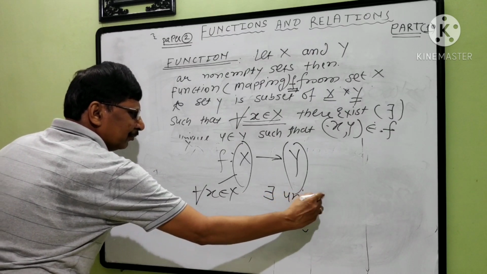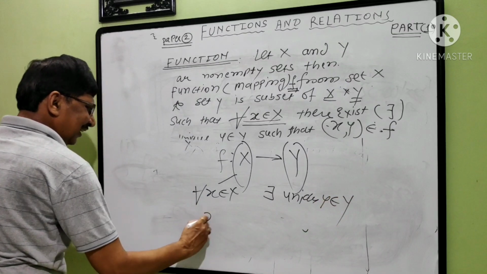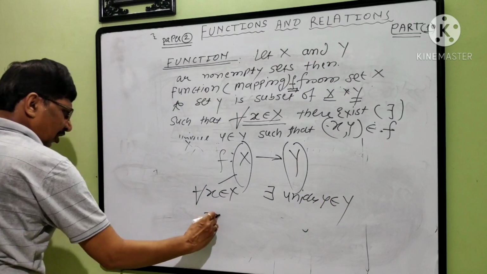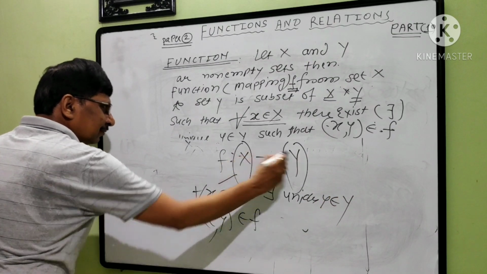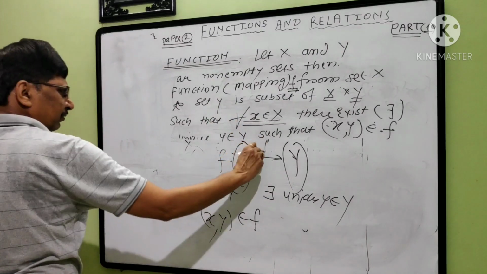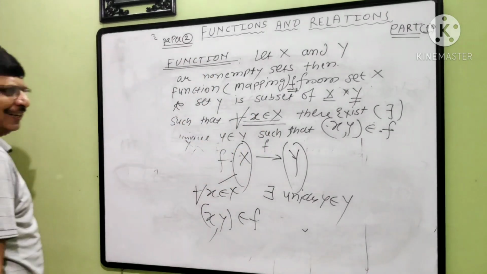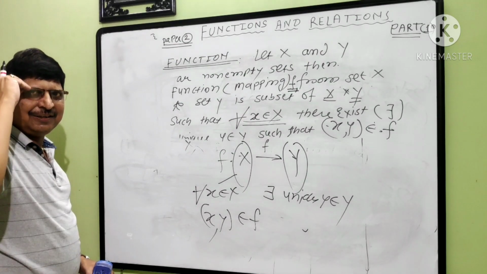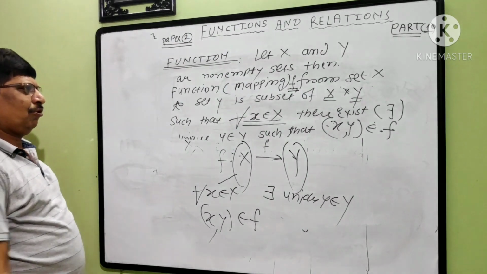This word is important. Unique y belongs to Y, such that this ordered pair must belong to that subset. Is it clear?